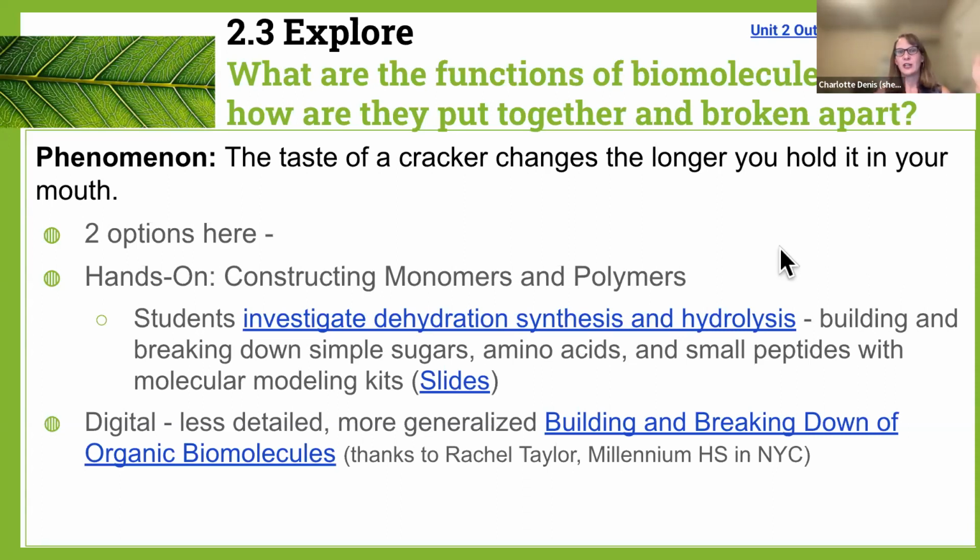So once they have a general idea about what molecules we're talking about, we have a couple of options for them to dig a little bit deeper. Options are one of the things that we've been working a lot more on in patterns biology over the last year to year and a half.